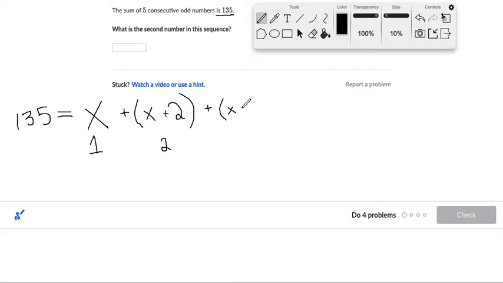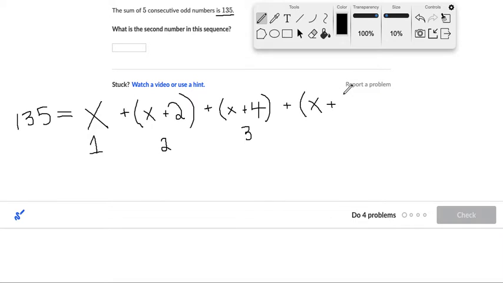So x plus 2 plus 2, that's just x plus 4. That's our third number. My fourth number is my third number plus 2 again. In other words, x plus 4 plus 2. So that's x plus 6.